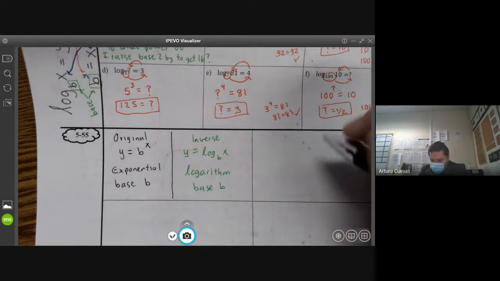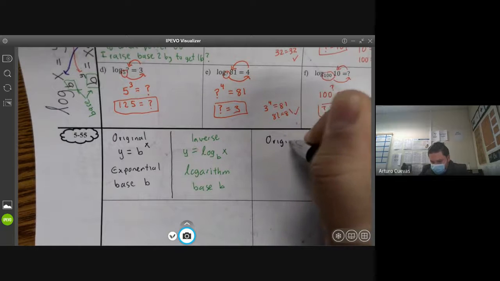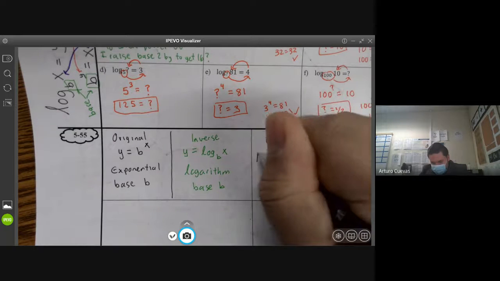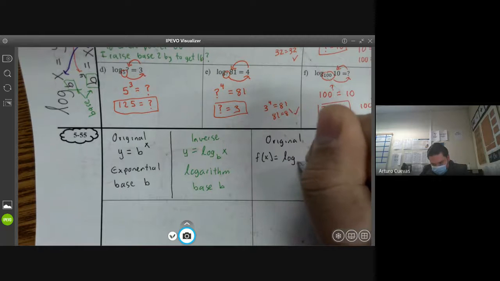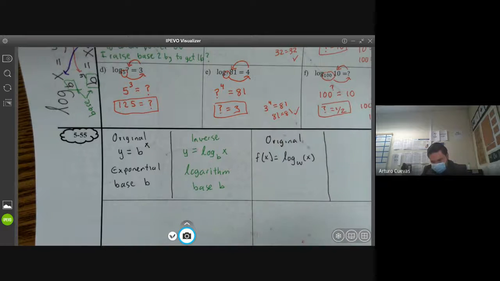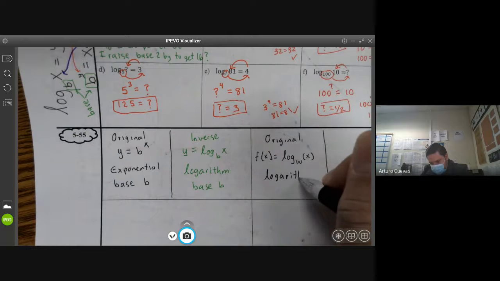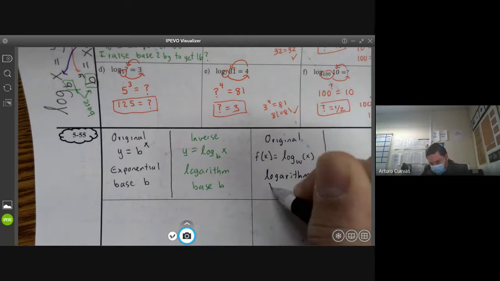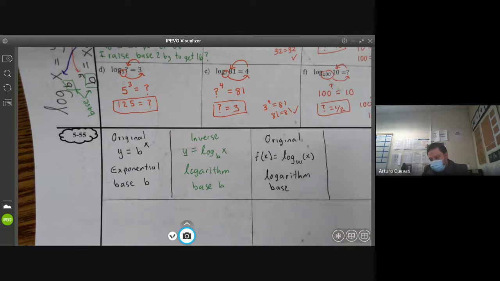Okay. Let's split this box into two. Original: f of x equals log base w of x. This is a logarithm. And what is the base of this logarithm? What letter is the base of this logarithm?